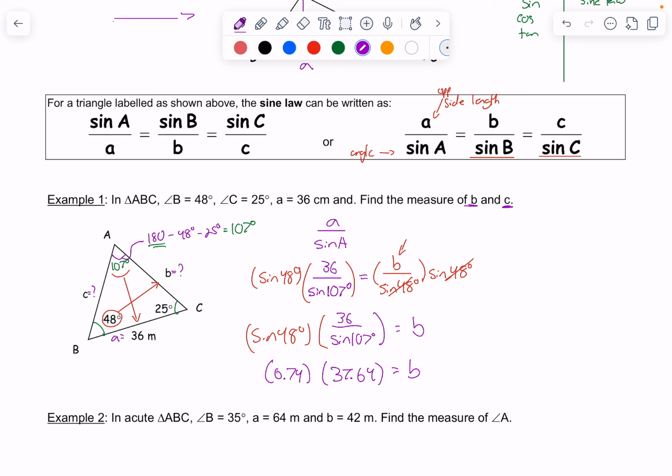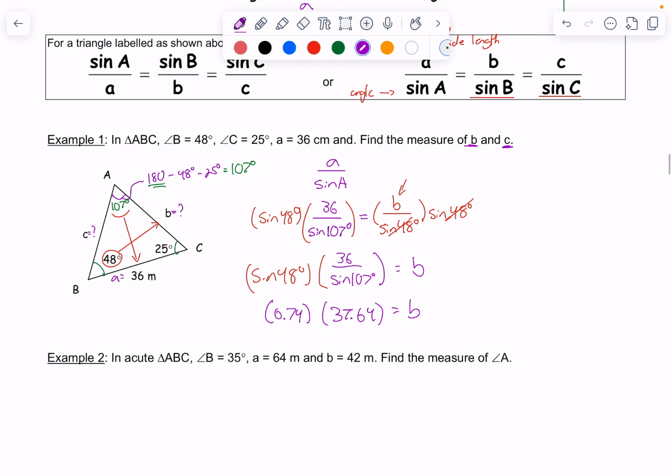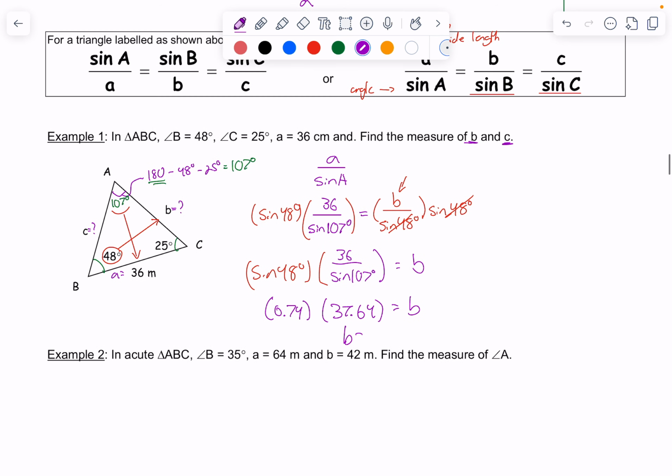Take those, multiply them together, times 37.64, and you get b is equal to 27.97 centimeters. That's our units. So this side length right here is 27.97 centimeters.